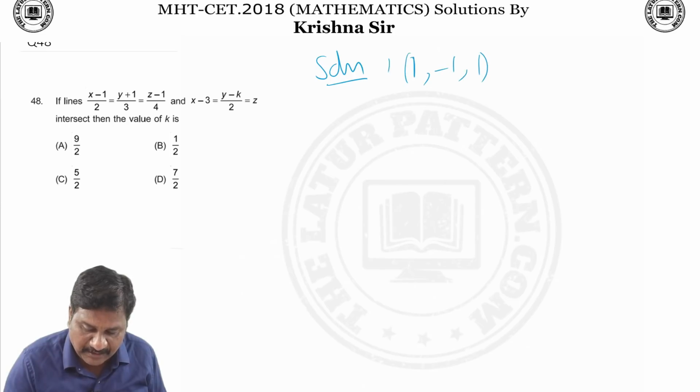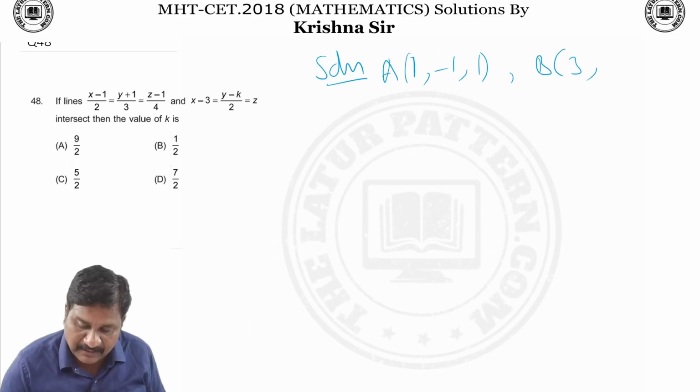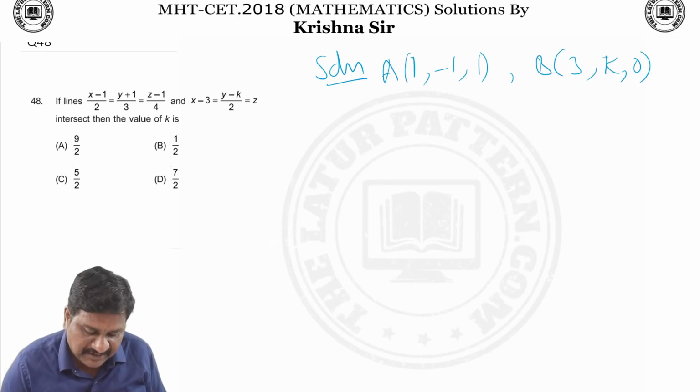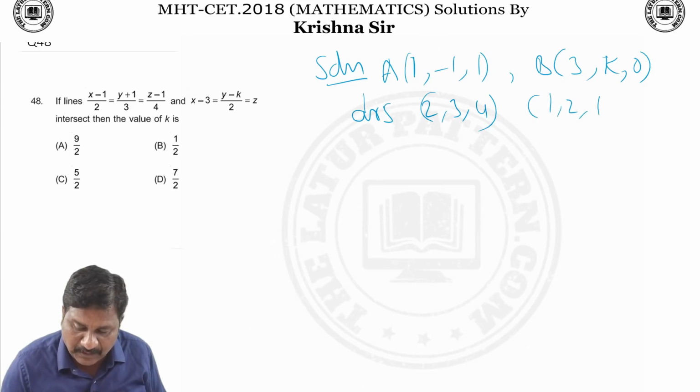The second line passes through the point 3, k, 0, that is (y minus k) and (z minus 0). For the first line the DRs are 2, 3, 4. For the second line the DRs are 1, 2, 1.